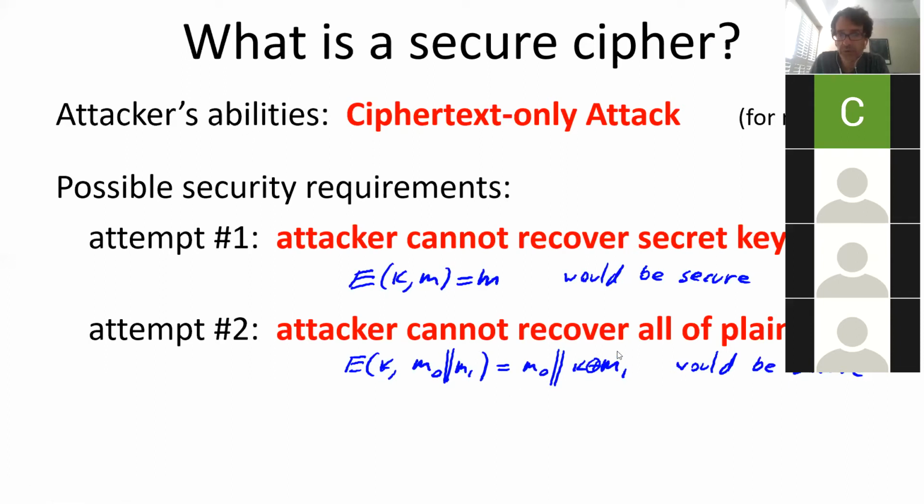It is true about this encryption that viewing it does not allow you to learn all plaintext, because M1 is protected, but it leaks half the plaintext. My point is, it does not work to say that encryption is secure as long as all plaintext cannot be recovered. Recovering some suffices to break it, so it would not be a useful encryption notion.